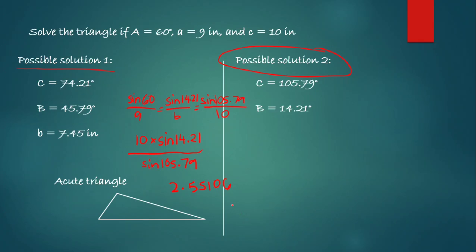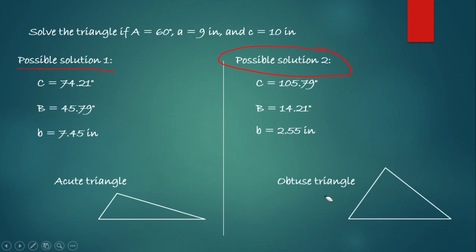Round it off to the nearest hundredths, and we get side B is 2.55 inches. So now we are done with solving both of the possible solutions, and we can clearly say that this possible solution number 2 results to an obtuse triangle.